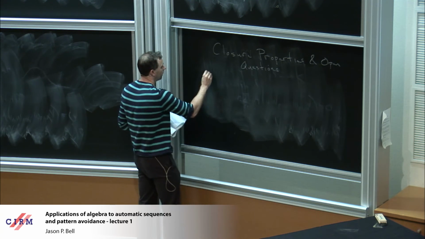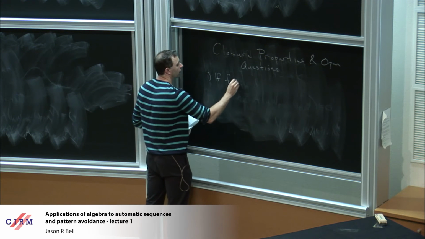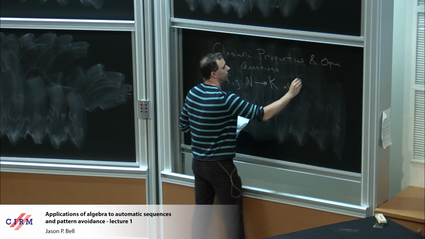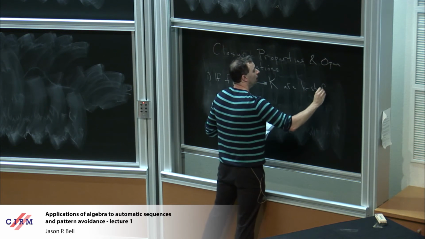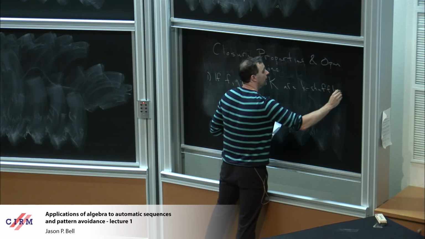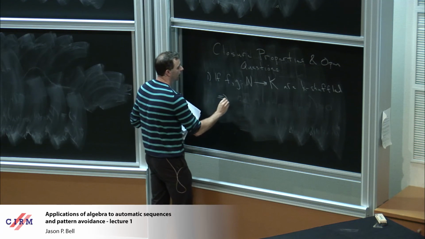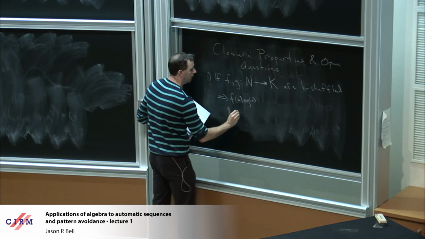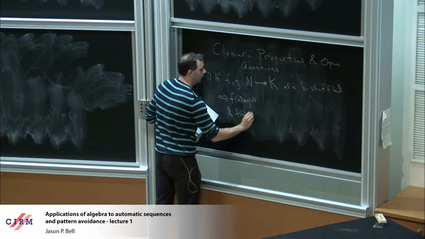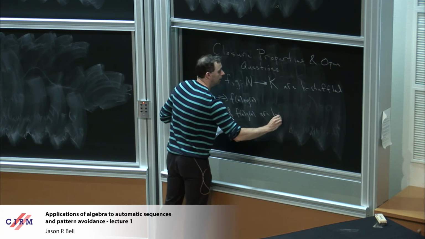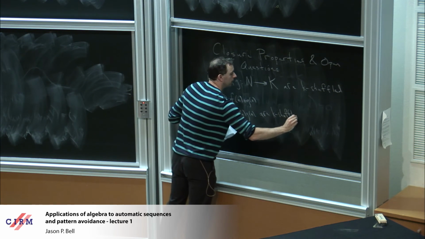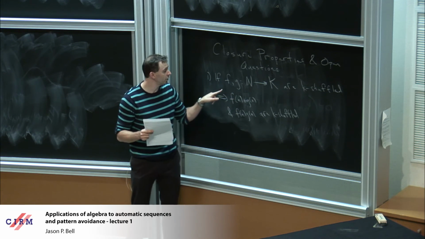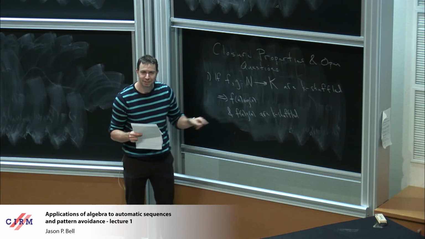The first is that if I take two shuffled sequences, then their sum and their product is shuffled.